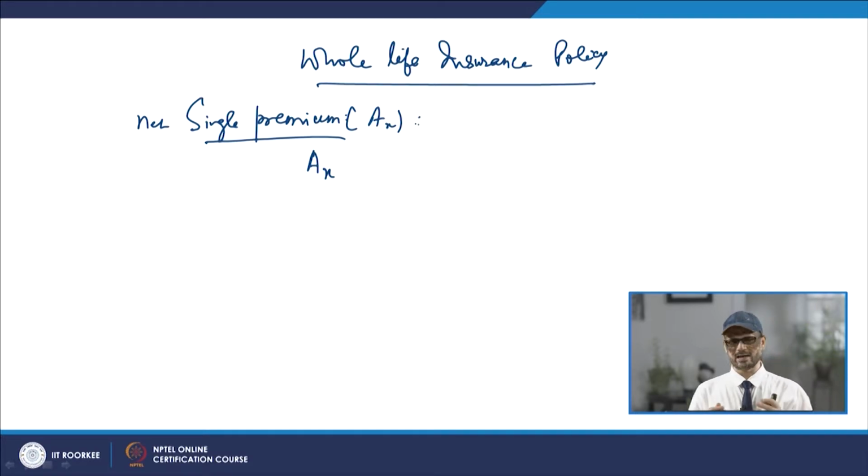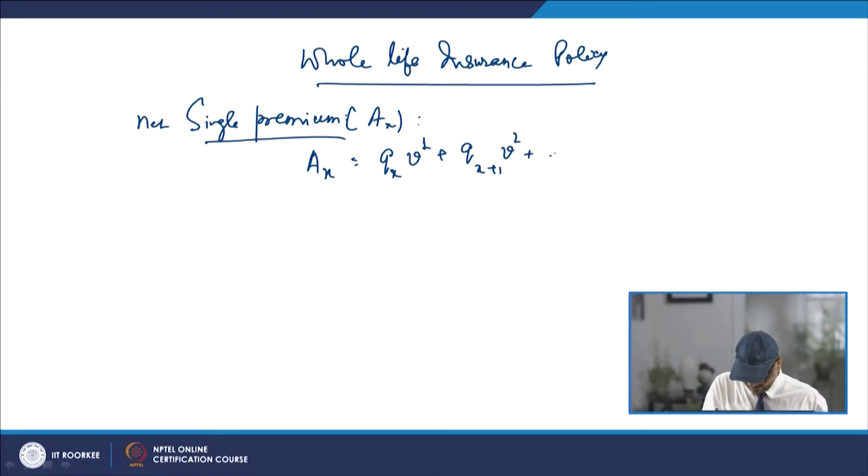So, Ax will be, as we talked, the summation of qx times v1 plus qx+1 times v2, like that. It will go on this way, and you are going to calculate the value of Ax. So, its present value will be there in that case.